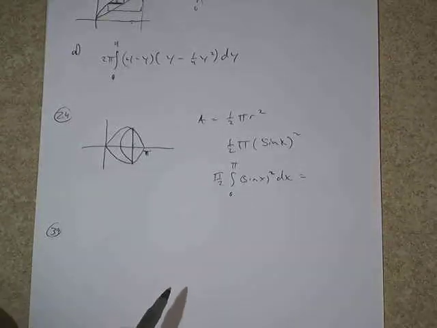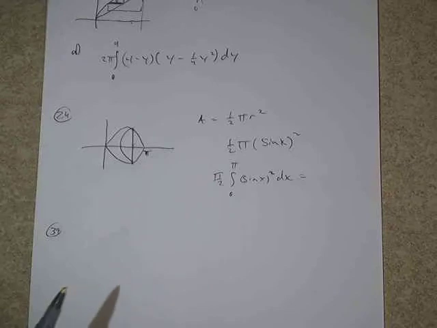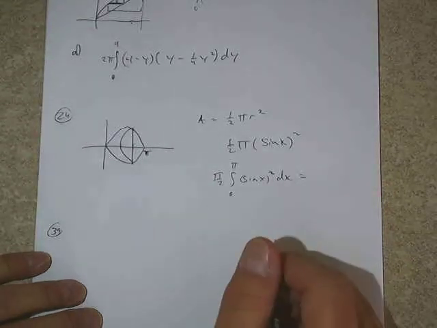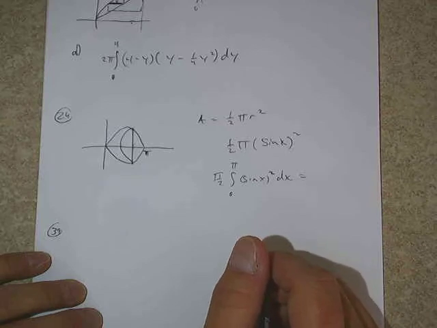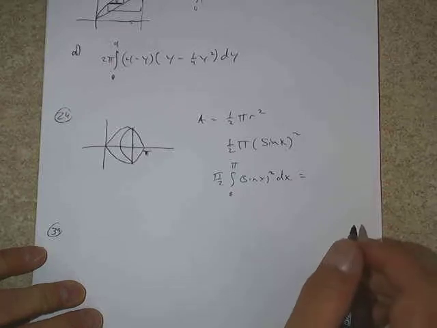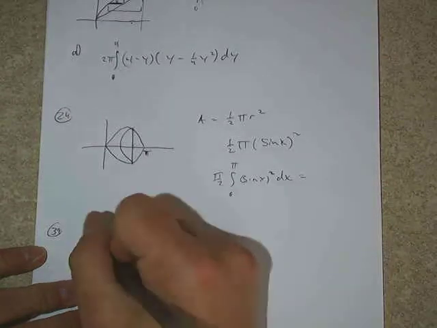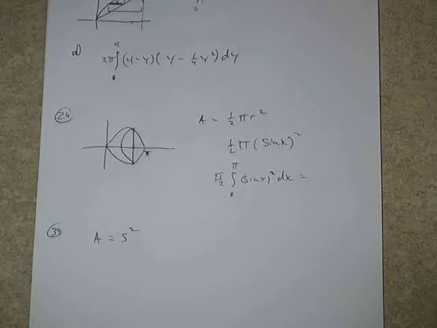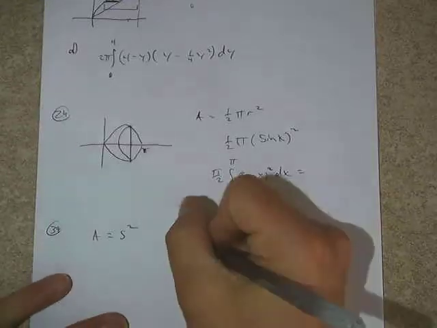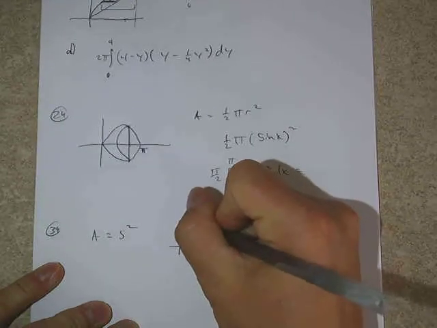What else? 39, we have an equation given that says we have the volume of a solid between planes perpendicular to the x-axis, between 0 and 6, and the cross sections are squares whose base runs from the x-axis up to the curve radical x plus radical y equals radical 6.